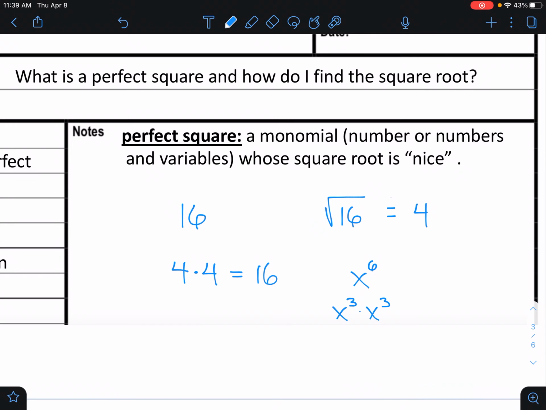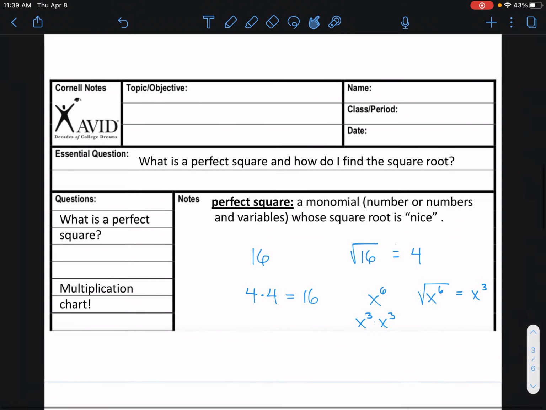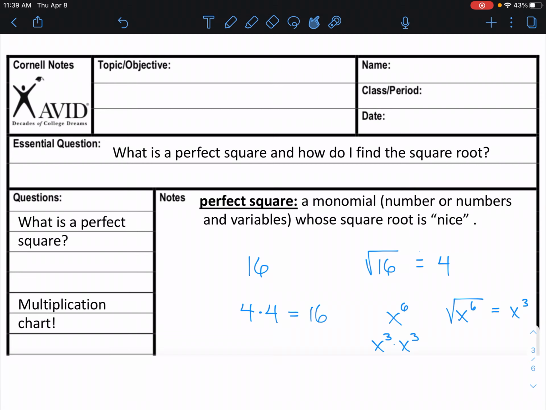Notice these two things are the same. So if you can break it apart and those are the same, then yes, it's a perfect square. As you might guess, the square root of x to the sixth is x to the third. Notice we really are just cutting that exponent in half. Okay, so that's really how you determine if it's a perfect square or not.